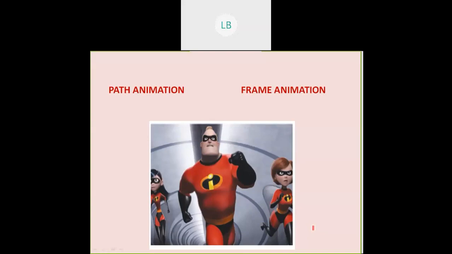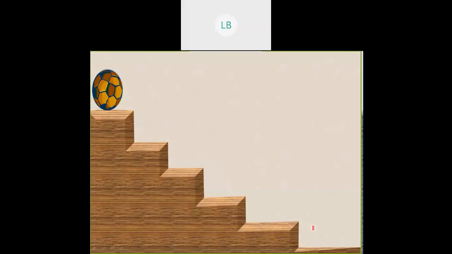Let us see an example. Here you can see a ball bouncing. Actually, it is not bouncing. The image of the ball is animated so that it gives the illusion of motion.